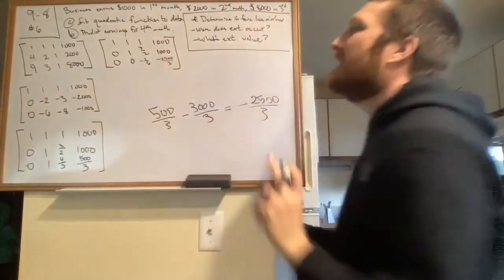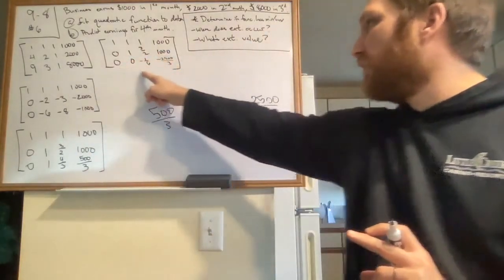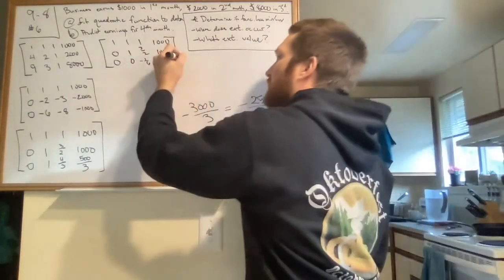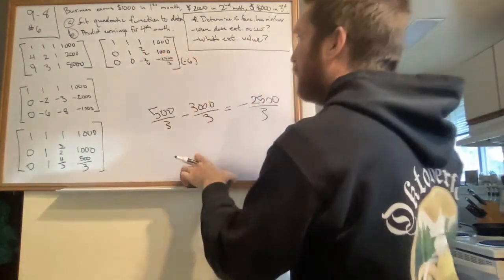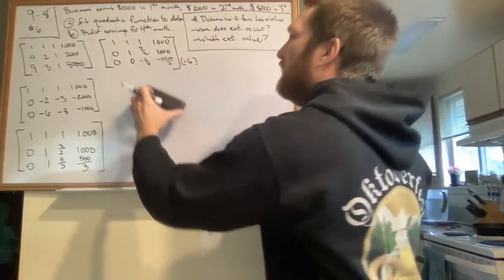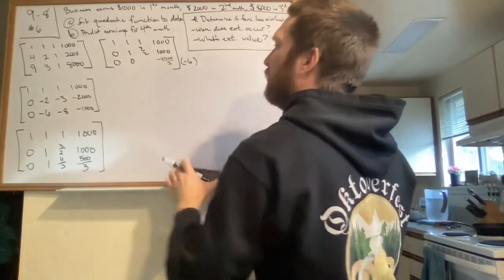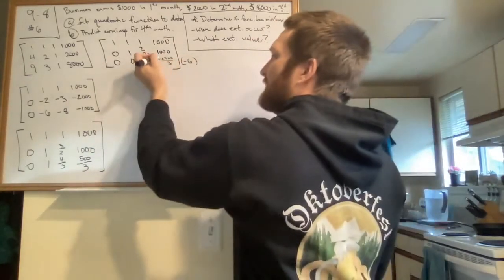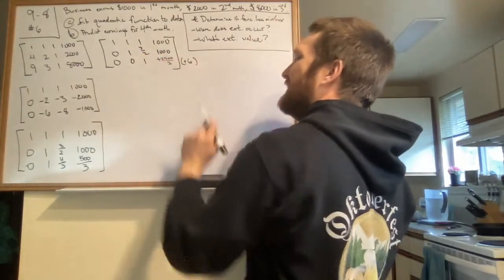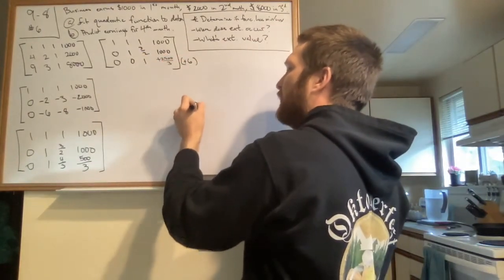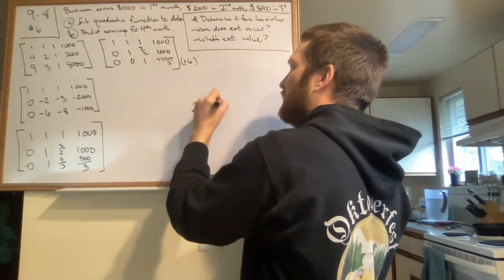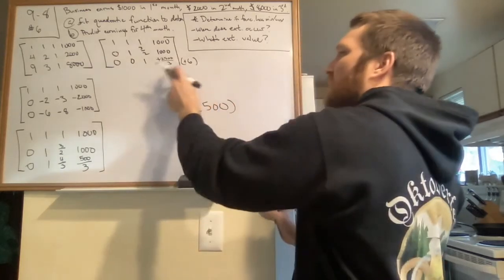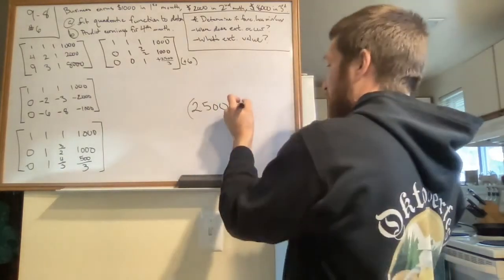But we can make this a lot easier by multiplying that row through by -6. If I multiply that entire row through by -6, that turns that into a +1. The negative makes that a positive. The 6 kills that, and 2,500 times 3 leaves me with 2.